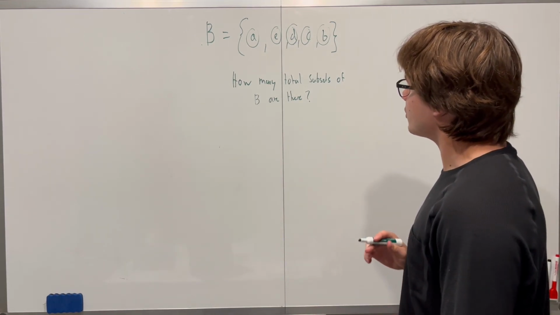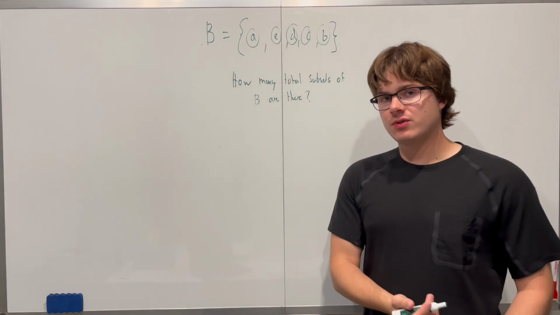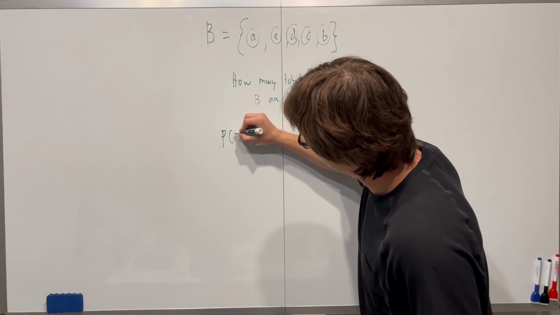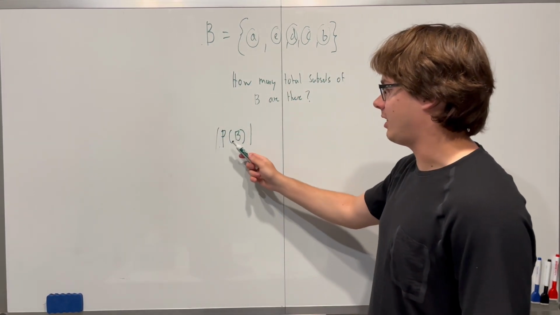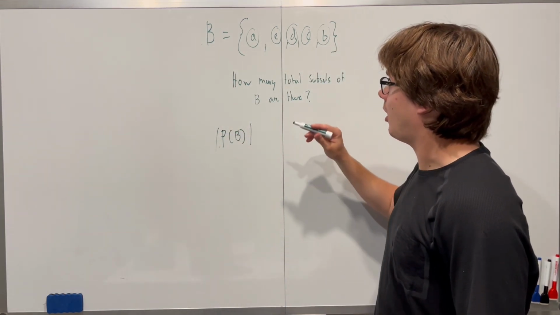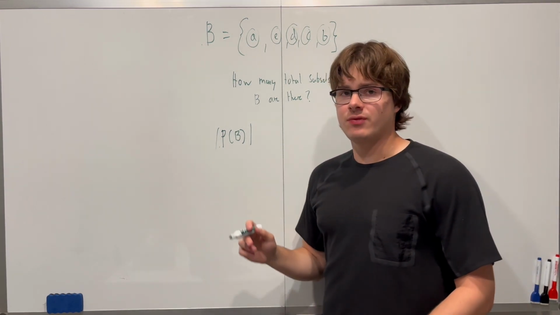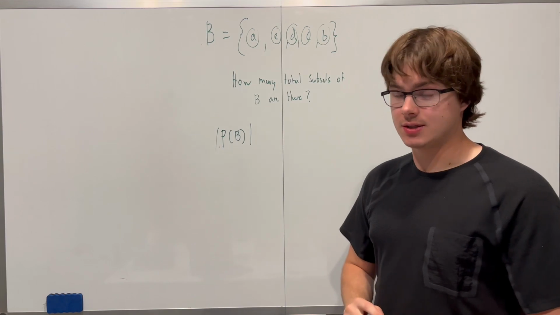Okay, so how many total subsets of B are there? Well, in the previous video, I told you this is the same as asking, if you take the power set of B, what is the size of this power set? The power set is a big set containing all of the subsets of B. So the size of it is simply going to be how many subsets are in the power set.